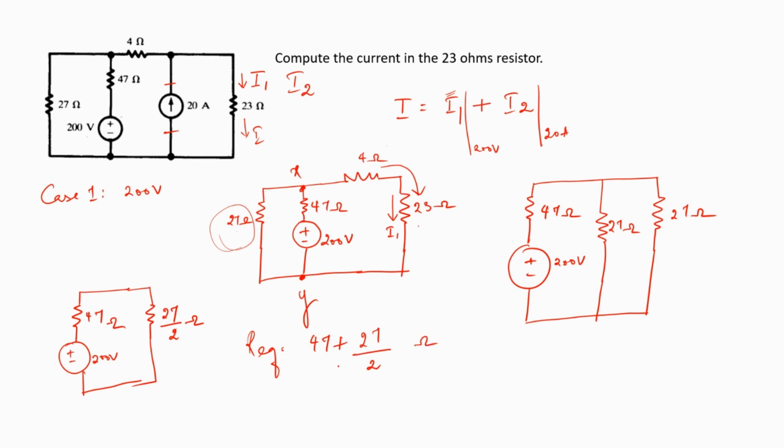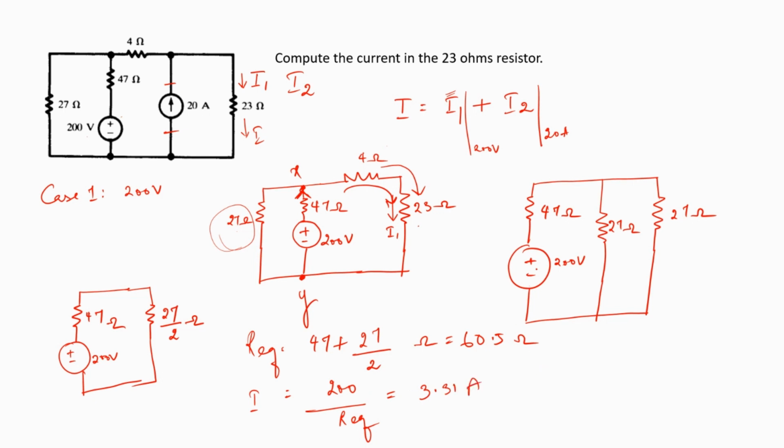Having found this, I can find the total current I in the circuit as 200 divided by R equivalent. The value of R equivalent is 60.5 ohms, and therefore the value of I is 3.31 amps.